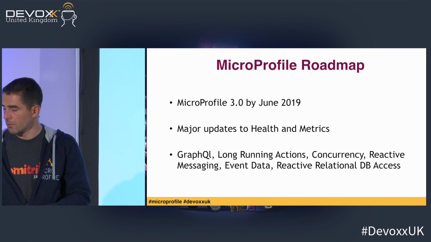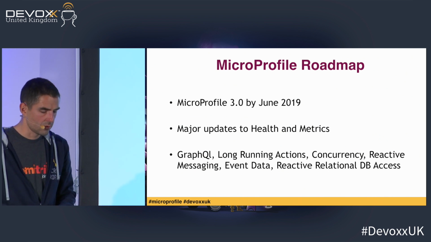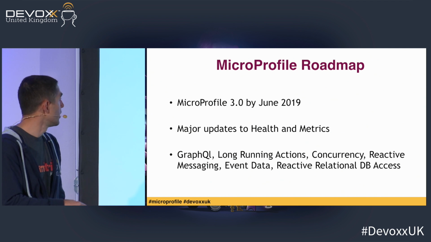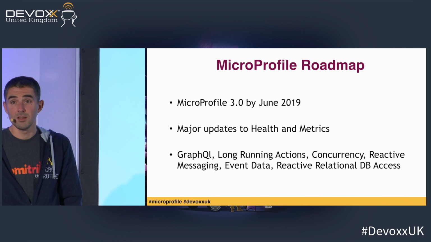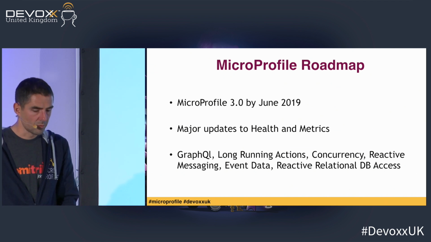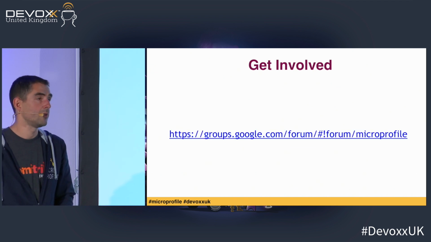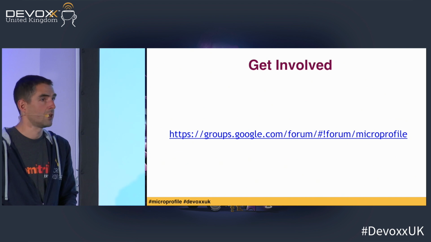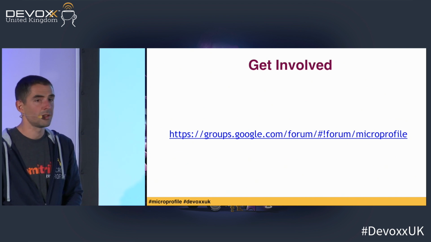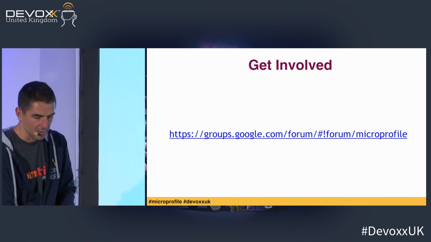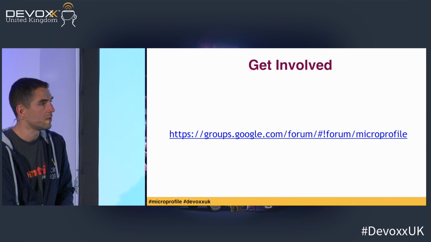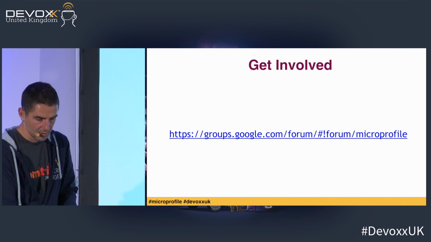There is a lot of work around reactive programming as well. And well, we are discussing all those things together. If you have more ideas, if you are willing to get more stuff in MicroProfile, it's an open community. So help yourself, go into the mailing list, say hello, and then let's discuss together the things you would like to see in the specifications.